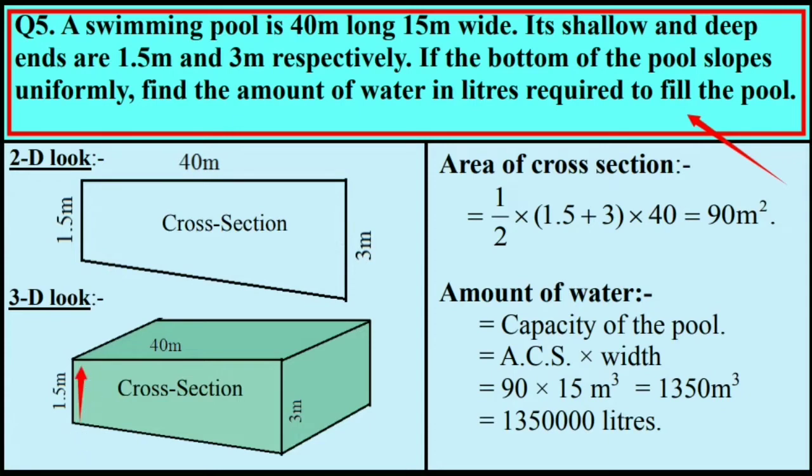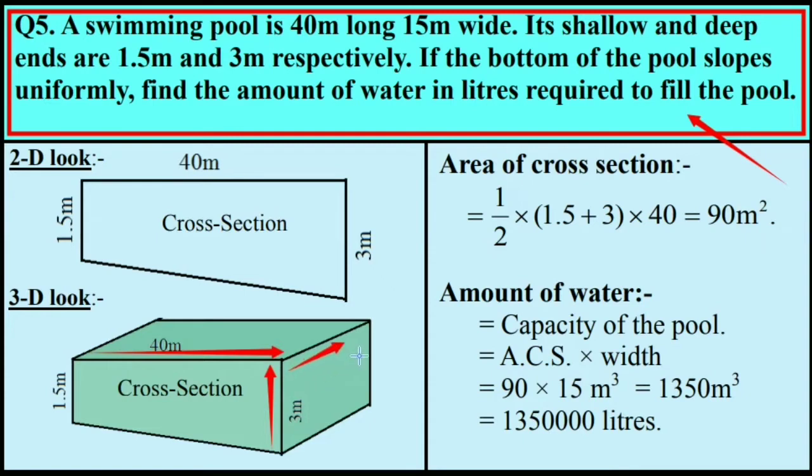In this diagram, 1.5 meter shown in the diagram is the depth of the shallow end. This one, 3 meter, is the depth of the deep end, and the pool is 40-meter long.